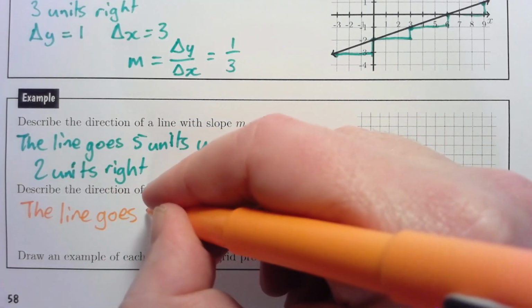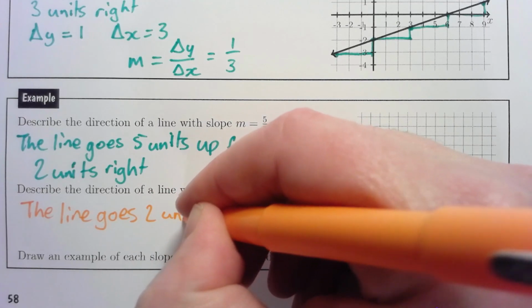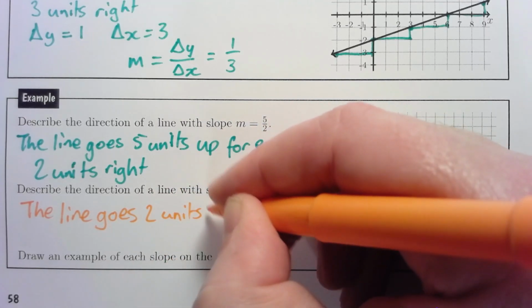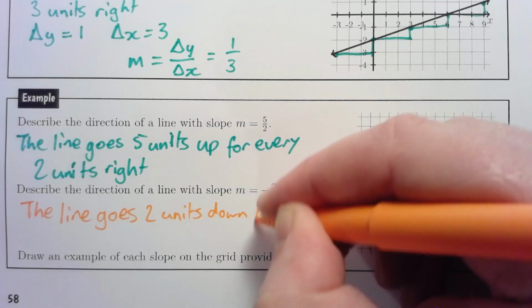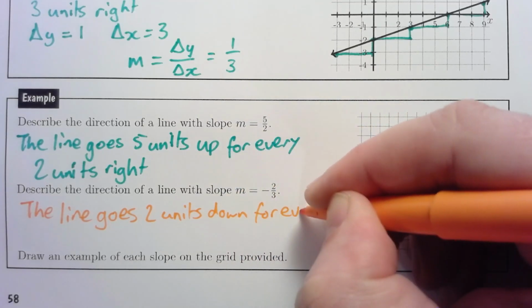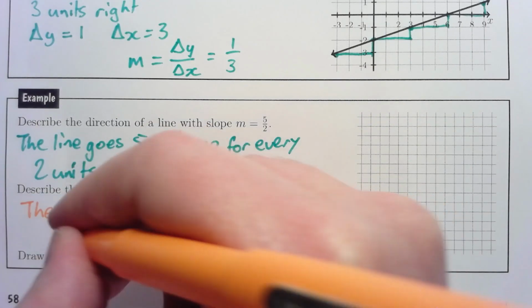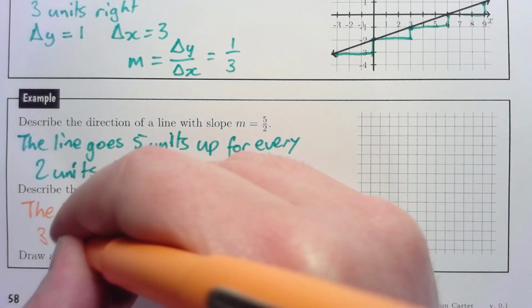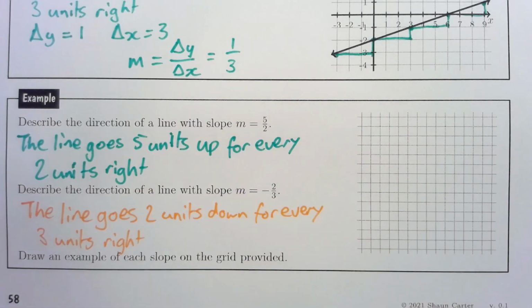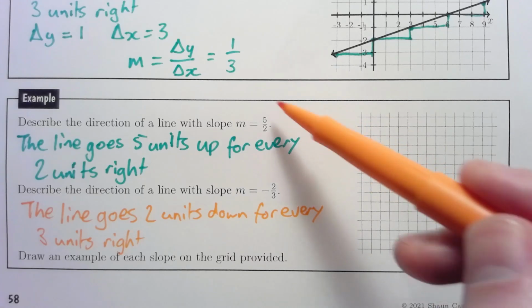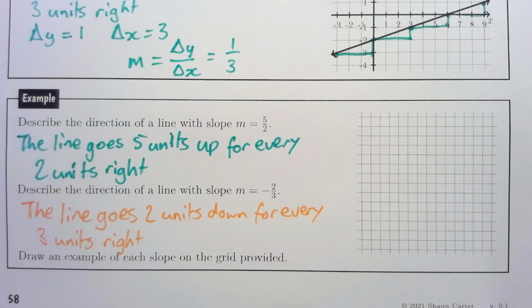So that really means we go 2 units down for every 3 units right. Because remember, our fractions, which represent our slope, really give us our delta y and our delta x.